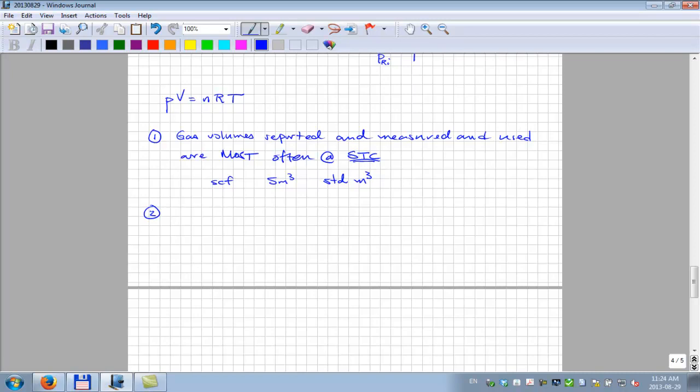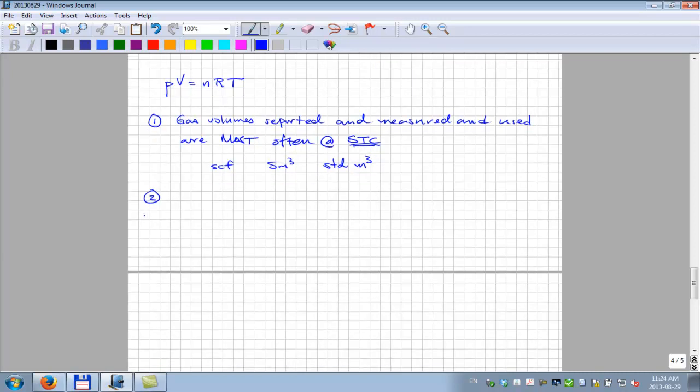And in many situations, we want to use molar amounts instead of gas volumes, or vice versa. So the translation from gas volumes to moles, or vice versa, is common in all different types of engineering.